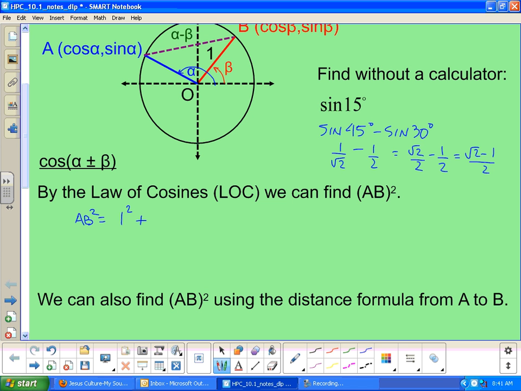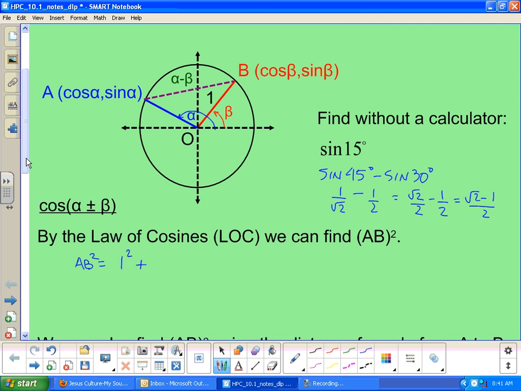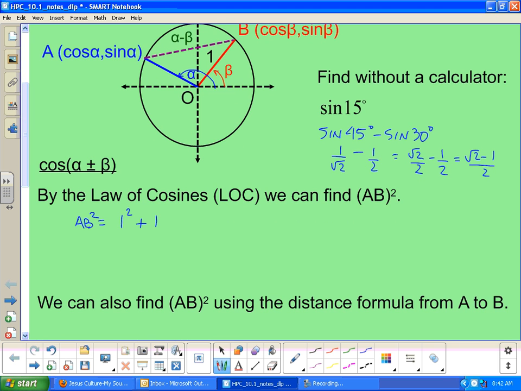And then plus the other side, now we're talking about the alpha angle, cosine squared alpha plus sine squared alpha, also a 1 as a hypotenuse there, minus 2 times each of those lengths, so 1 times 1, and the cosine of this angle alpha minus beta. All right, we simplify this: 1 plus 1, 2, minus 2 cosine of angle alpha minus beta. So that's what AB squared is using our law of cosines.